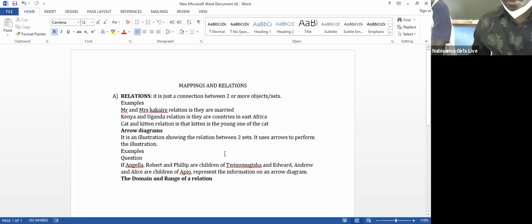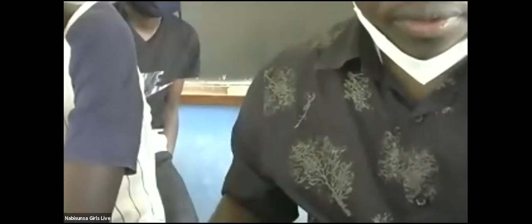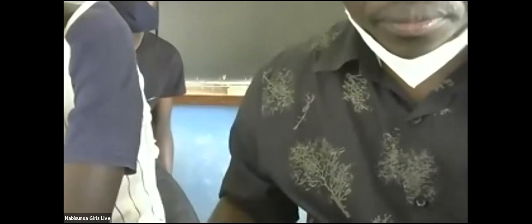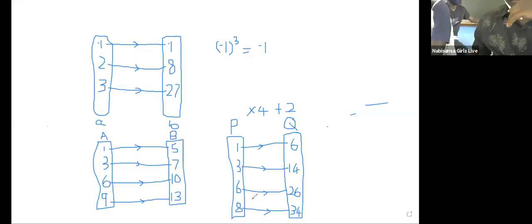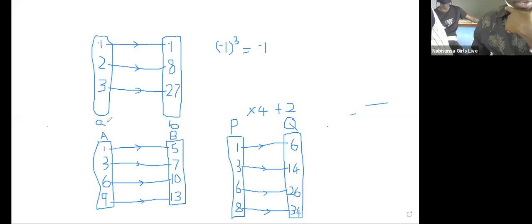I can share with you this other. We had some arrow diagrams here. You see these three arrow diagrams here? In the first arrow diagram, small a and small b, eh?